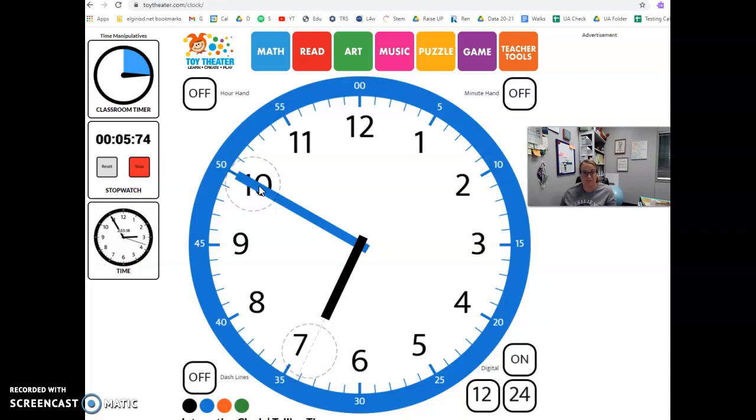Did it change? No, it didn't change yet. It's still between 6 and 7. It's getting really close to 7, but it still hasn't got all the way to 7 yet. So it's still in the 6 o'clock hour. So it's 6, and my minute hand is pointing straight at the 10, which is 50. And it would be about 6:50 whenever we start getting ready for bath and bedtime.